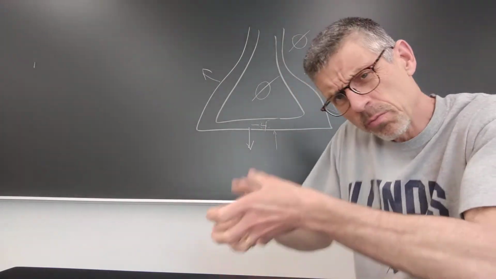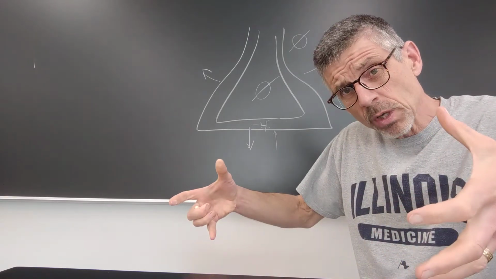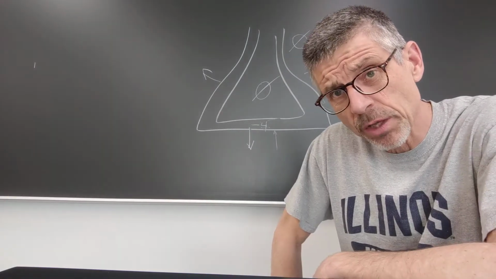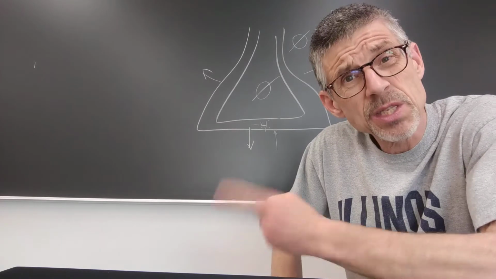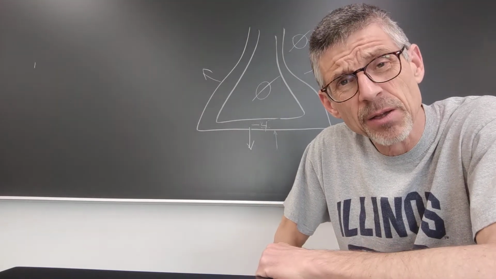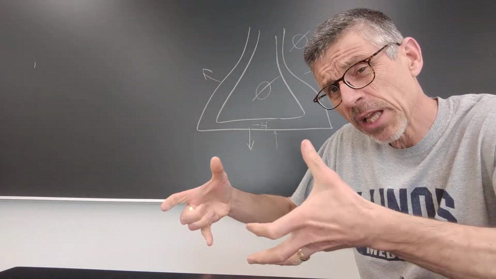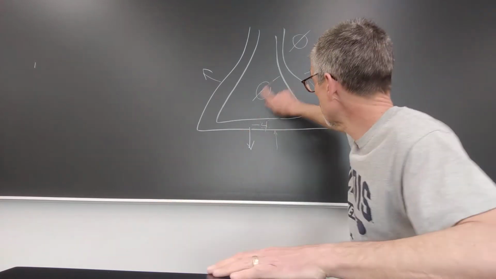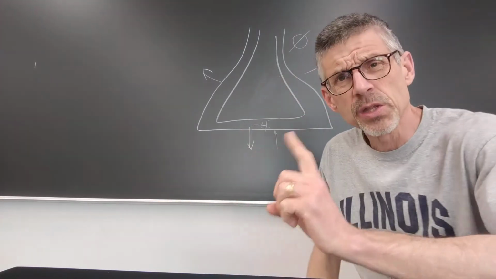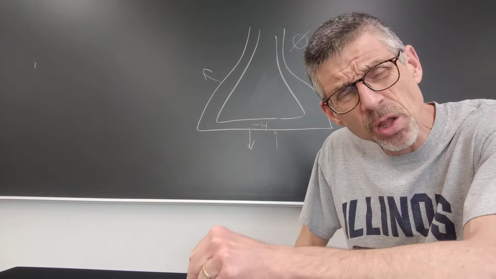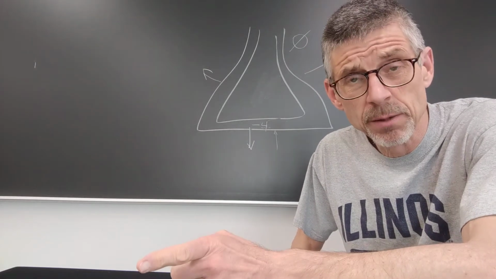This, again, will pull the lung tissue along with the chest, along with the thoracic cavity, increasing the volume in those alveoli. And as the volume in the alveoli increases, the pressure in those alveoli falls. That's Boyle's law.